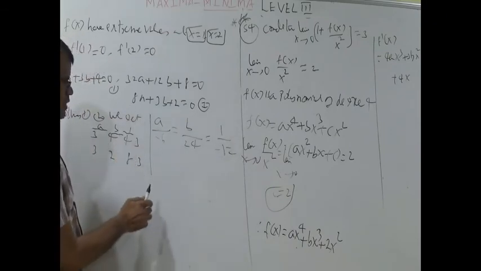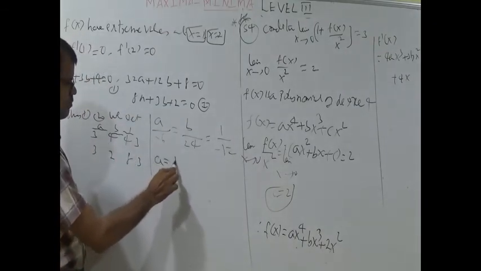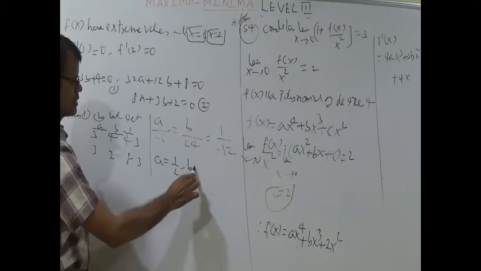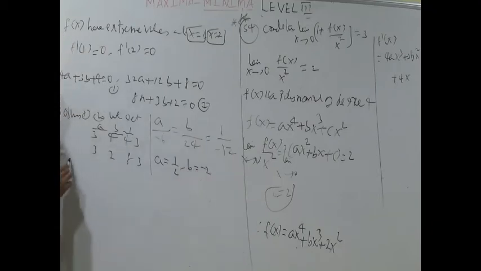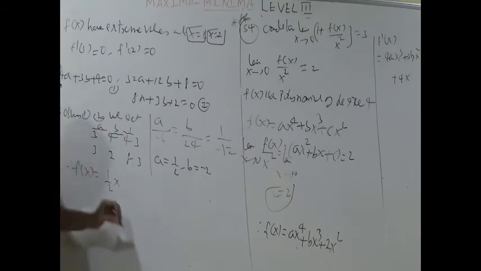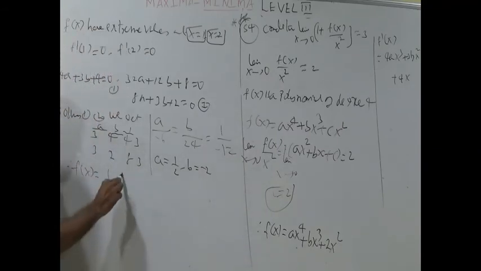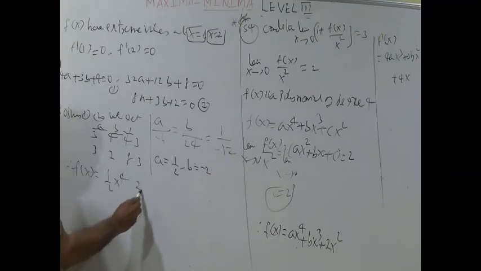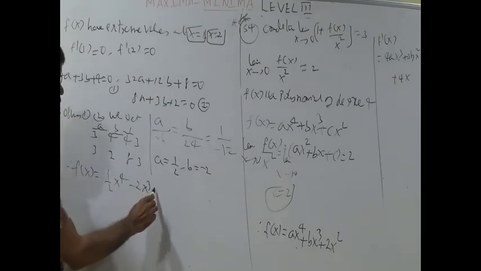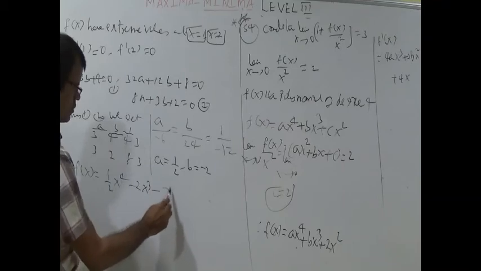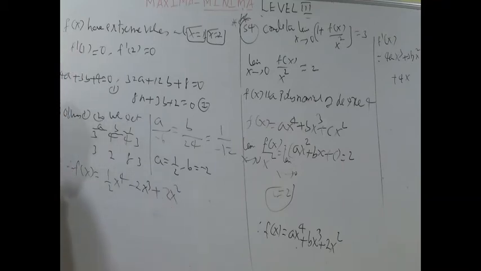So a is equal to 1 by 2 and b is equal to minus 2. Therefore, f of x we got as 1 by 2 x power 4 minus 2x cube plus 2x square.